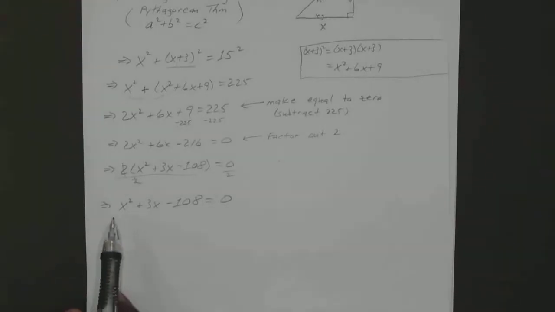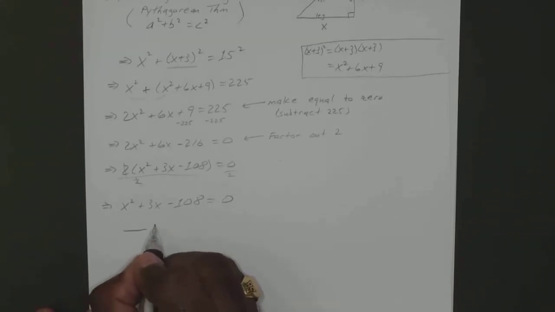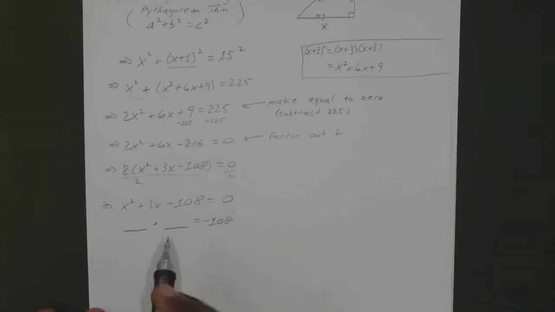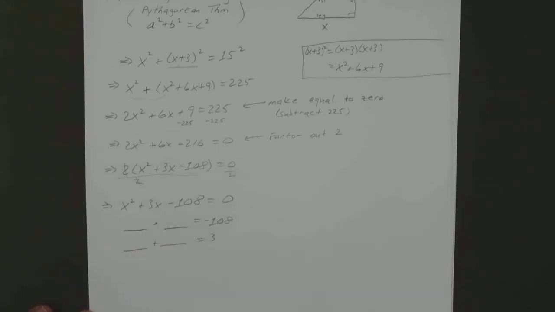Okay. So now we don't have anything in front of the x squared. So we don't have to do the a times c method. We just have to find two numbers that multiply to equal your c, which is negative 108. And those same two numbers add to equal your b, which is 3. Okay. So we know 9 and 12 is 108.